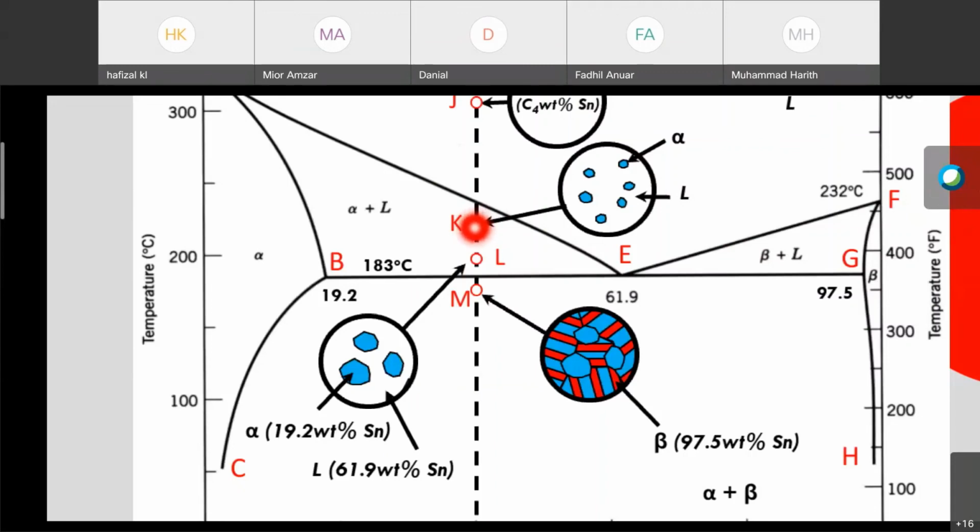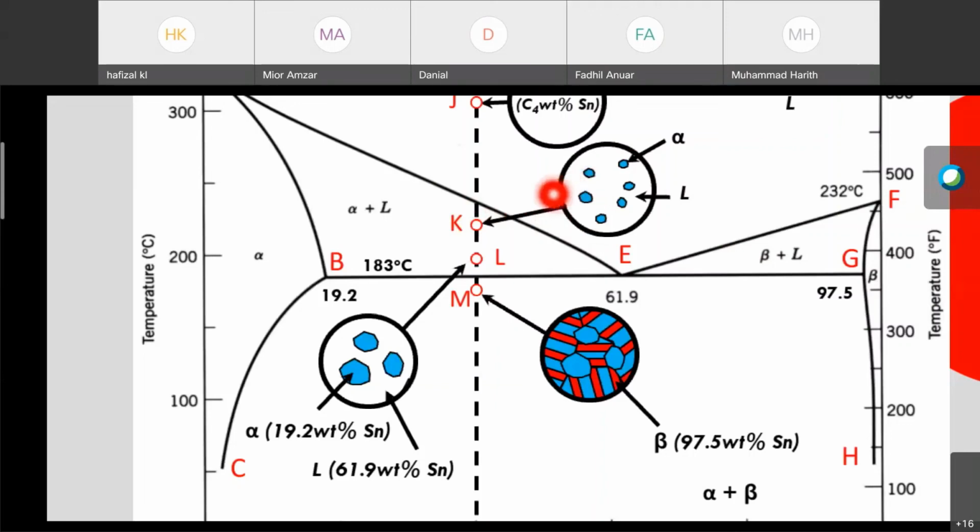Okay, alpha in the solid form kat sini, beta liquid form. Okay, so alpha and beta mix together, liquid pun ada, alpha pun ada, and then solid alpha start to nucleate lah macam ni.